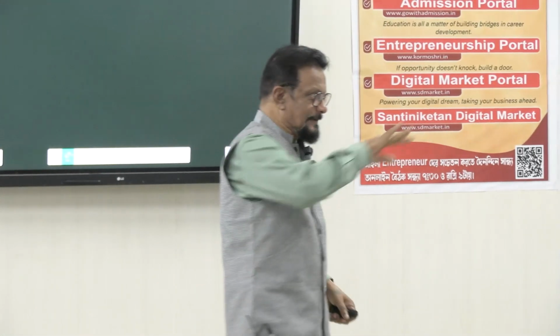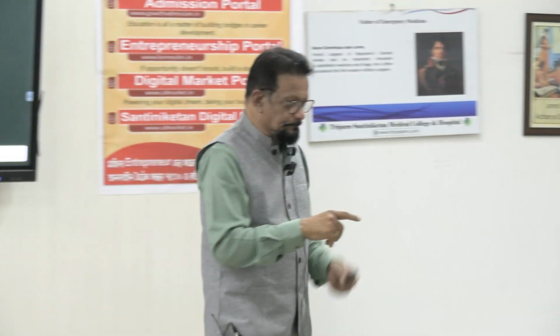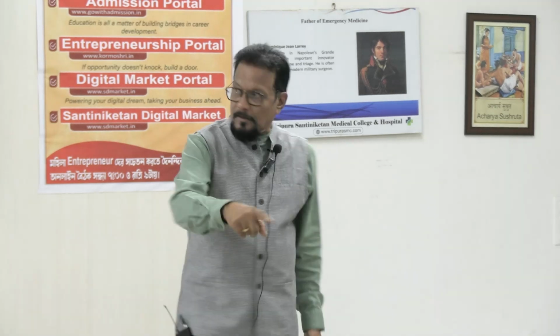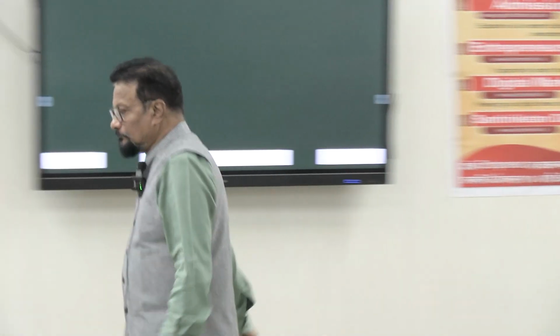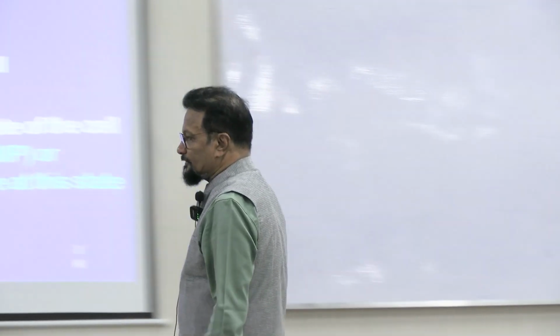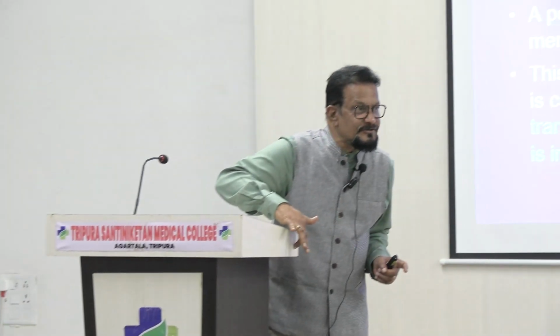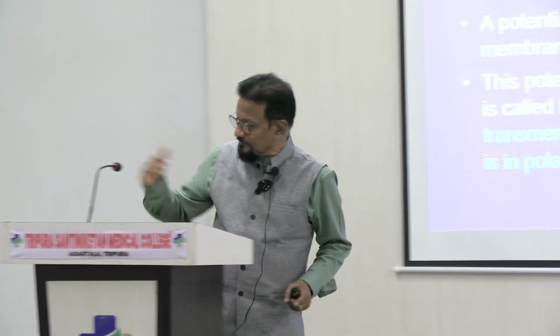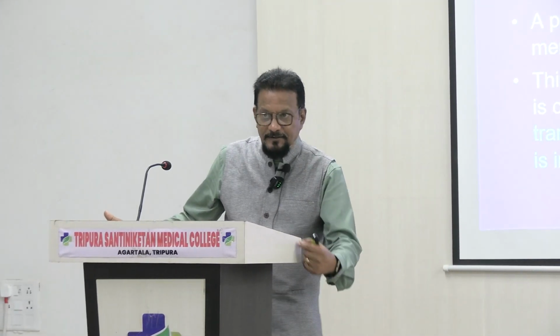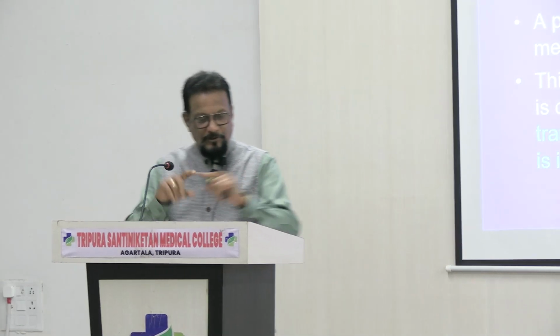When you see this table, is this side polarized? Is there any charge on this side or the other side? If you connect through a galvanometer, you won't find any difference.